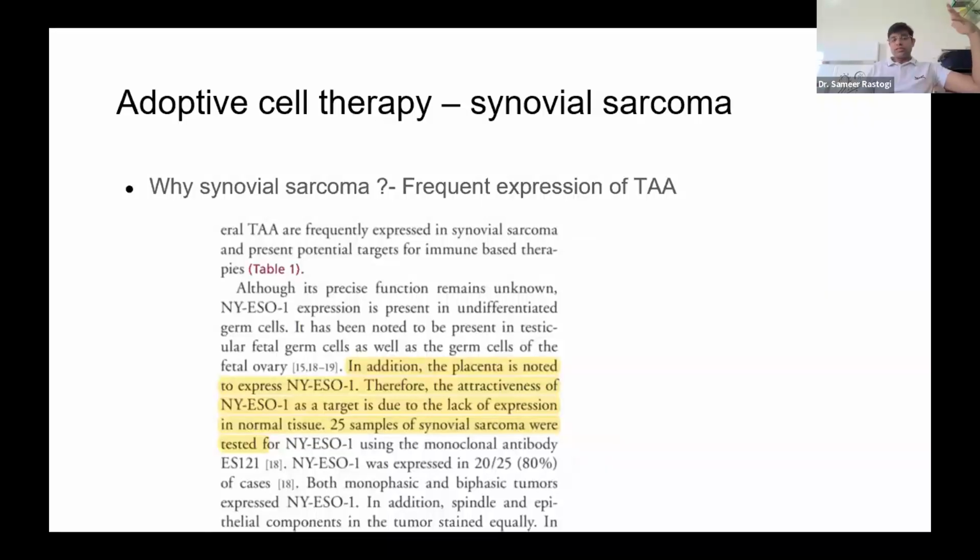Which sarcomas are NY-ESO-1 positive? Can someone tell me? Which sarcomas are NY-ESO-1 positive, now that they are on the verge of FDA approval, and one of them, MAGE-A4, has been FDA approved? So MPNST, synovial sarcoma, and myxoid liposarcoma are NY-ESO-1 positive.